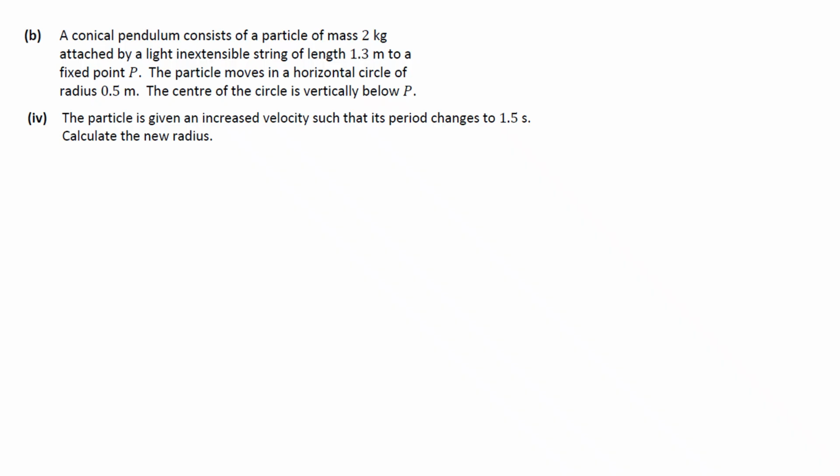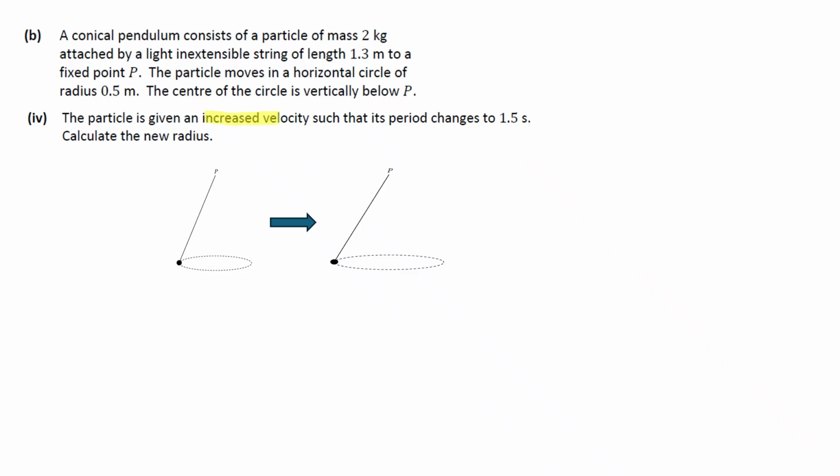The last part of this question is a little bit tricky. The particle is given an increased velocity such that its period changes to 1.5 seconds. Calculate the new radius. If we picture what happens, we're starting with this and then it spins faster, which gives us a wider radius. What we need to bear in mind is that a few things are changing.